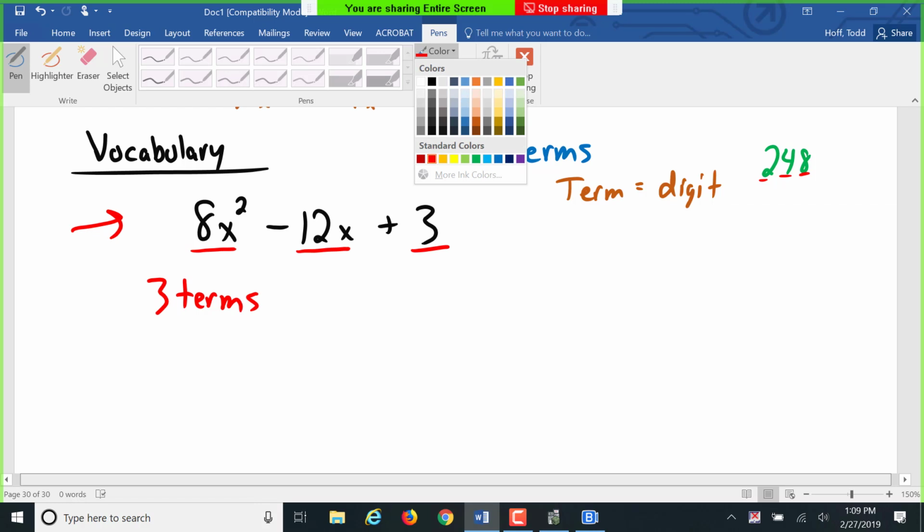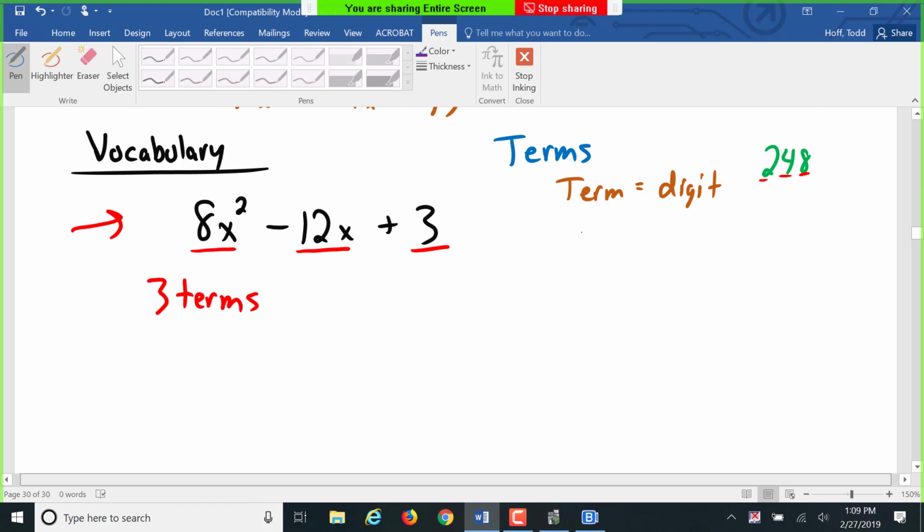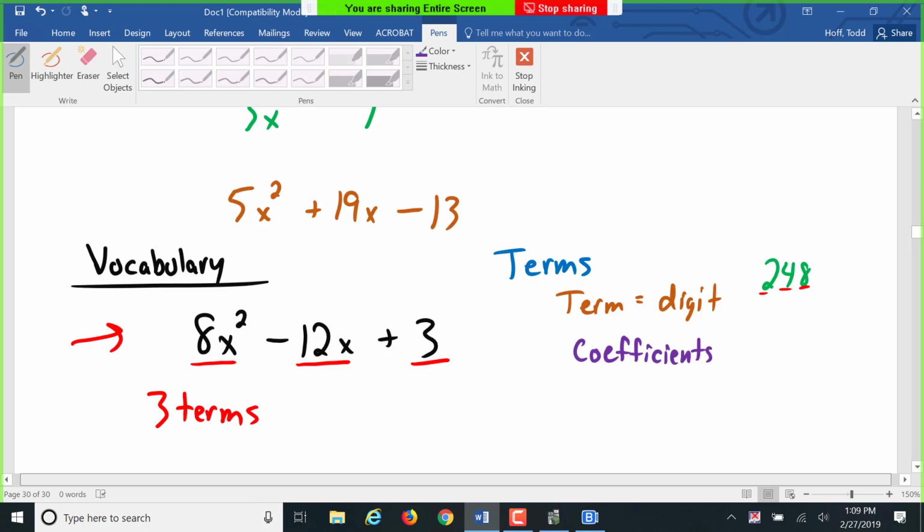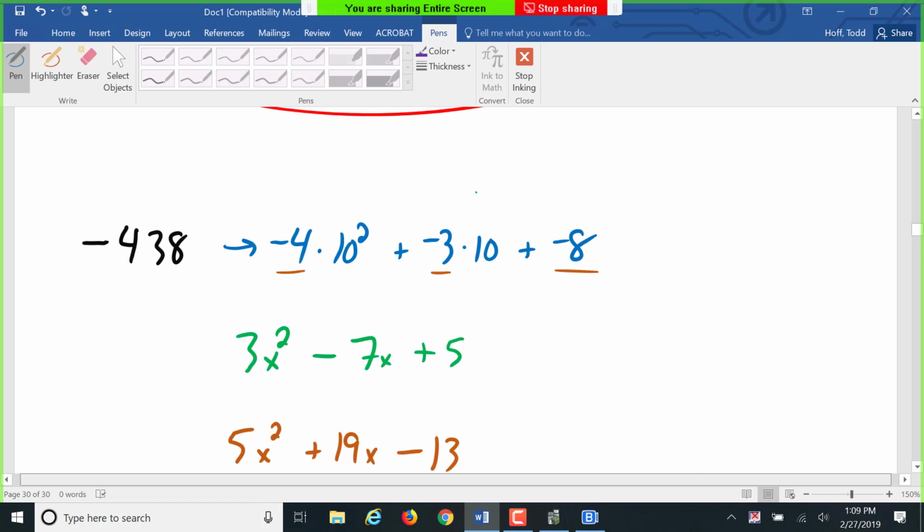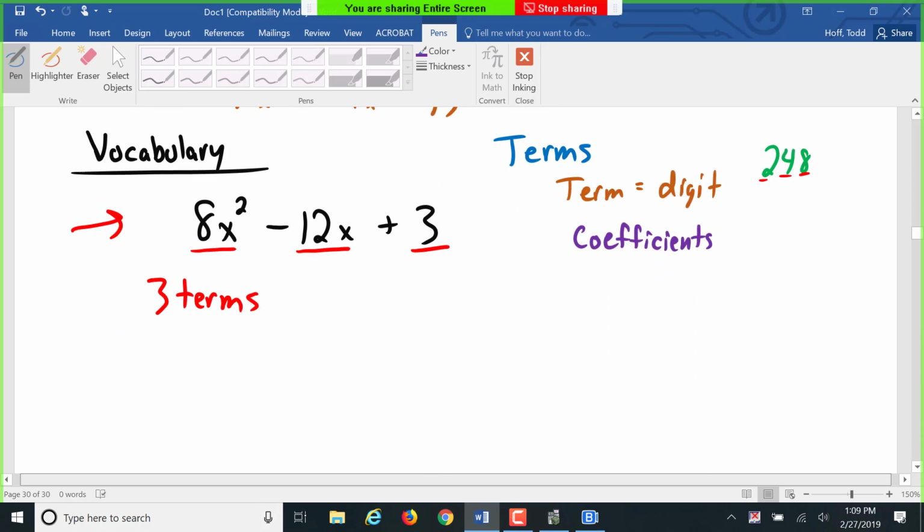Other vocabulary we want to talk about: coefficients. In my integers up here, the coefficient is the number that's multiplying the place value. Of course, a negative 4, a negative 3, and negative 8 are the coefficients. So down here, my coefficients are 8.